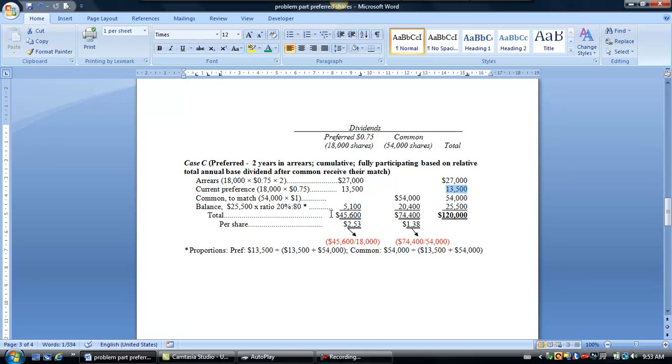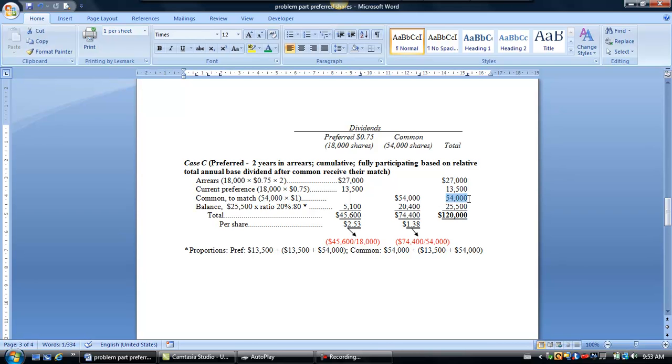So now, before there's any participation, don't forget, we have to give the common their match before we calculate how much participation dividend they get. So the match is $1 a share. So we know that we have 54,000 common shares out there.